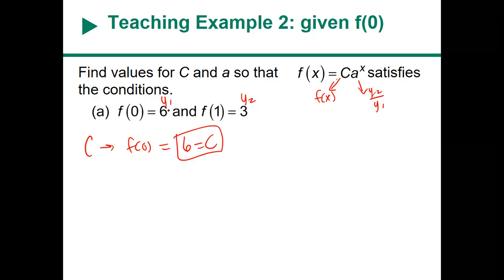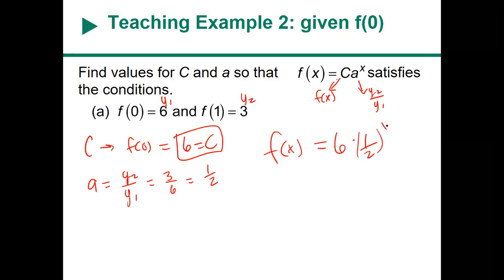The reason this is my y1 is because 0 comes before 1. So to find my a, it equals y2 divided by y1, which is 3 divided by 6, which equals 1/2. So putting it all together, f of x equals 6 times 1/2 to the x.